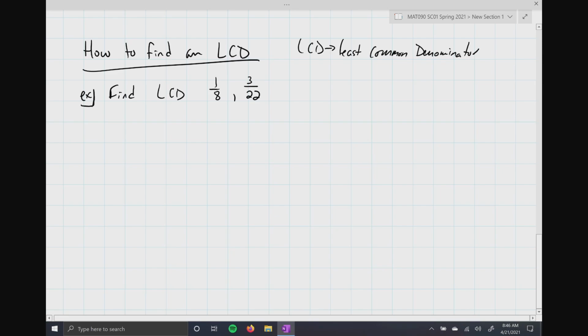And what that really means is what is the smallest number that both of my denominators can divide into evenly. So what is that number that I can say this number divided by 8 equals a whole number, and this number divided by 22 also equals a whole number? Doesn't have to be the same whole number, just has to be a whole number. No decimals, no fractions. Nice and easy.